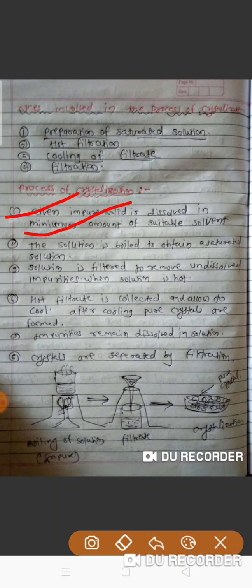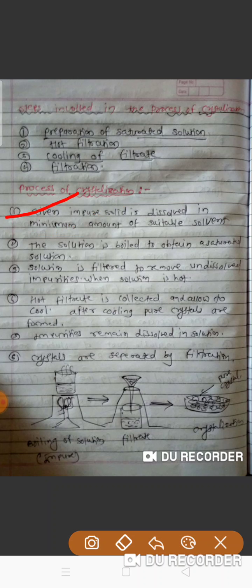The solvent may be water, ether, ethyl alcohol, methyl alcohol, or ethers. We choose the solvent and dissolve the solid substance in the minimum amount of suitable solvent.